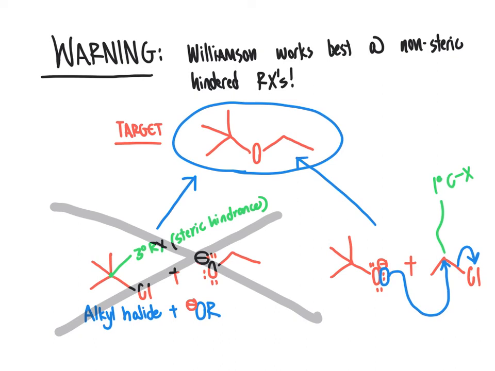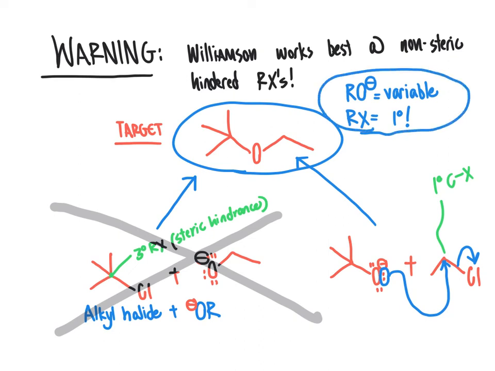So the warning here to take heed about is that when you're thinking about designing Williamson ether syntheses, you want to make sure to pair an alkoxide of a variety of different structures that can be relatively flexible or variable, but you want to make sure that the alkyl halide has a primary carbon bonded to the leaving group, because otherwise, if it's secondary or tertiary, you're going to start picking up a lot of steric hindrance, and that's going to make the reaction very difficult or impossible to achieve.